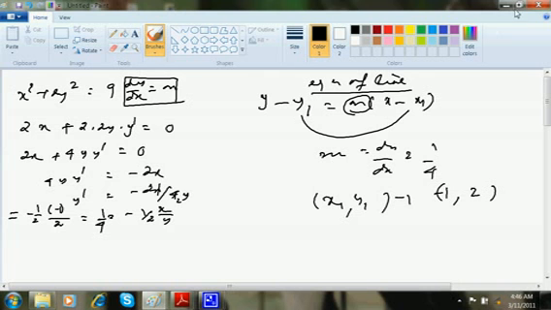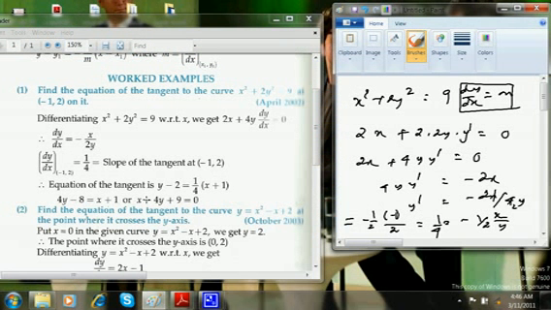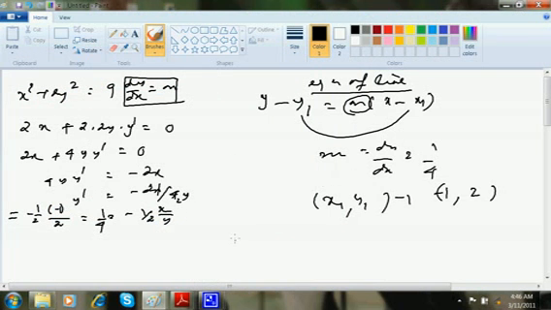That's it, a put-and-get kind of question. So it's minus 1, 2, m is 1 by 4. So this is x1, this is y1.